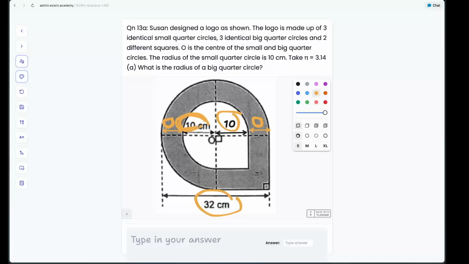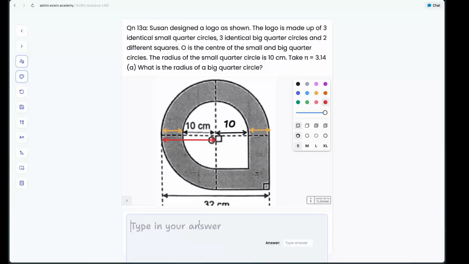Then we can add the 10 centimeters to get the radius of the big quarter circle. That's what you see over here. So to get the border in yellow, we will just have 32 minus 10 minus 10, and this whole thing divided by 2. And this will give us 6.